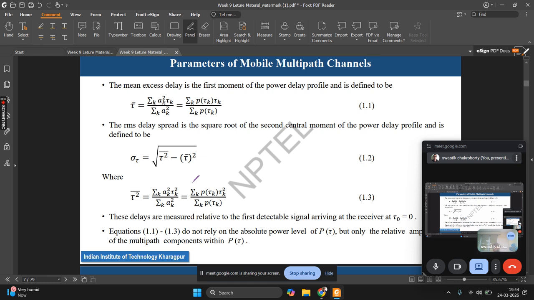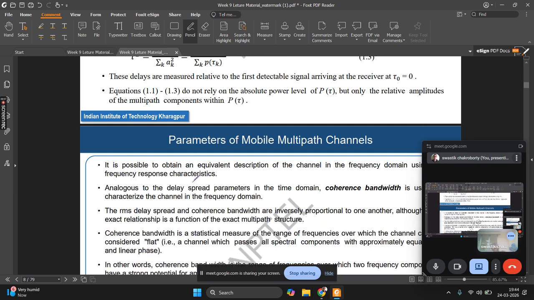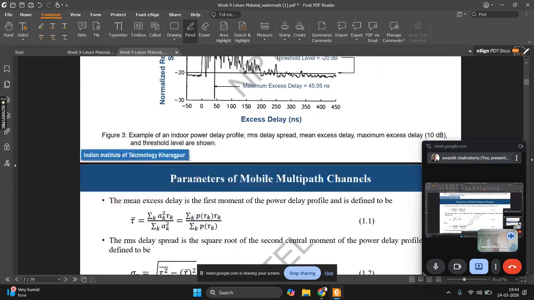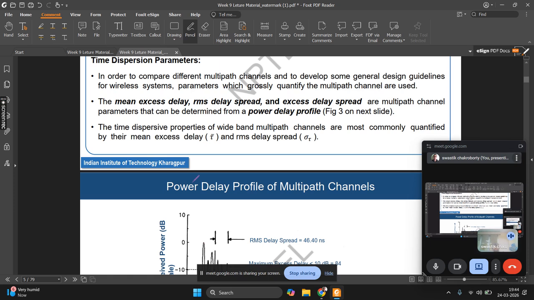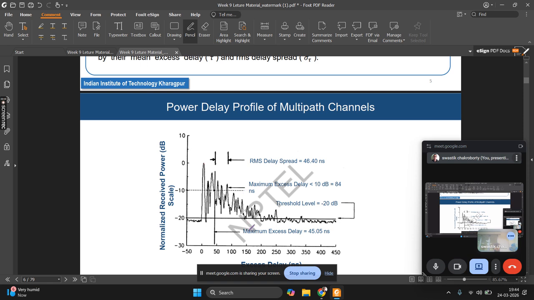And next, the maximum excess delay. This excess is defined along a threshold.